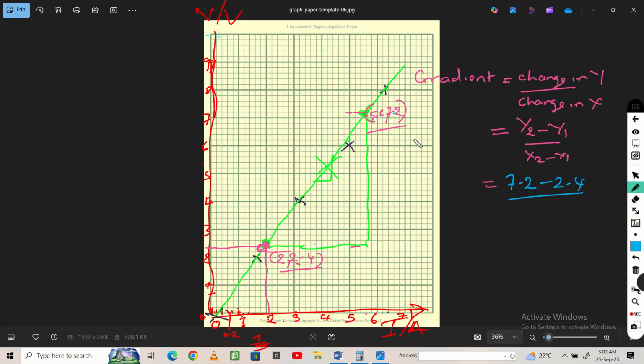X2 now is the value of this, 5.6, minus x1, which is this one, 2. This 5.6 here, and this is 2, minus 2. Now, you always make sure you put your units. What's the unit that was here? The y, we had V. What's the unit that was here? The unit was A. That's how we had. Okay, now use your calculator.